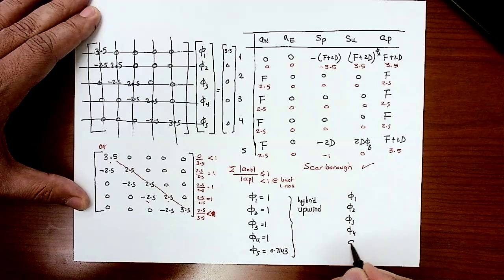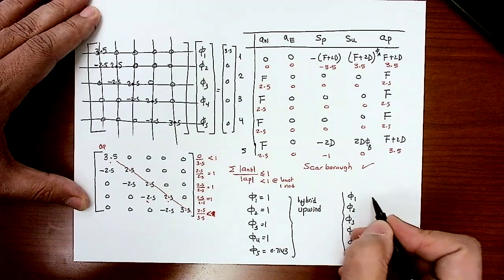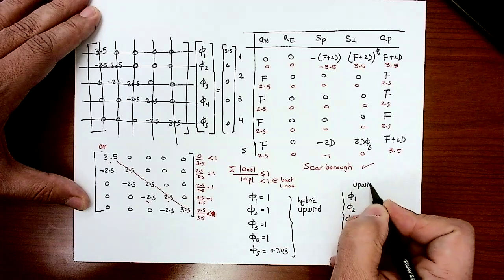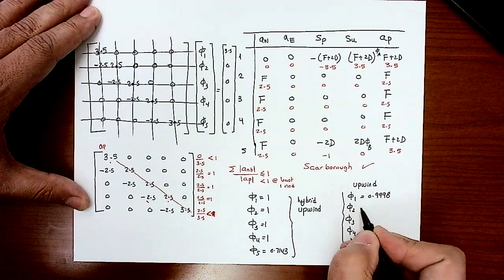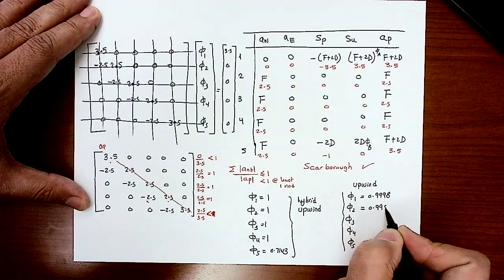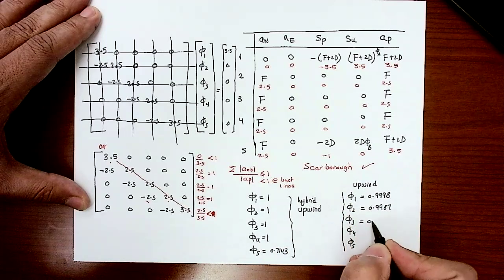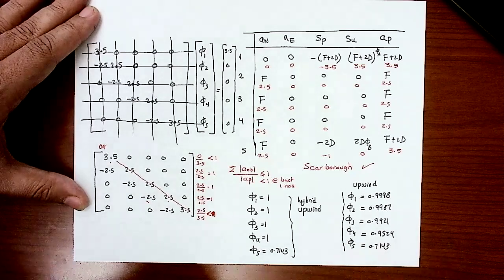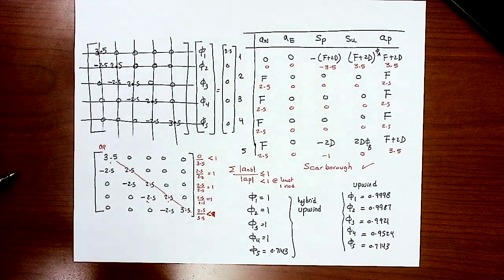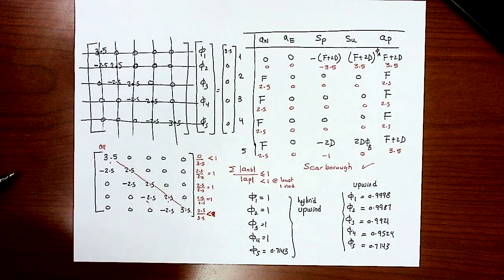And these are the values we got for the upwind: 0.9998, 0.9987, 0.9921, 0.9524, and 0.7143. These are the values. So what happened? We got a little bit of improvement in the solution, and it seems to be more accurate.